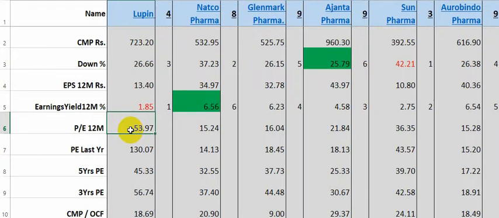Now let us also look at how the other peer group companies are trading in terms of price earning, what multiple they are asking from the investors. Natco is available at 15 times, Glenmark at 16 times its earnings, Ajanta at 21 times, Sun Pharma very expensive at 36 times, and Aurobindo at 15 times.